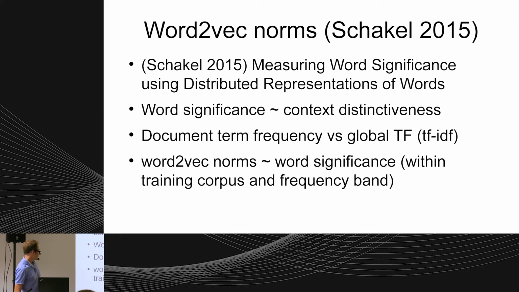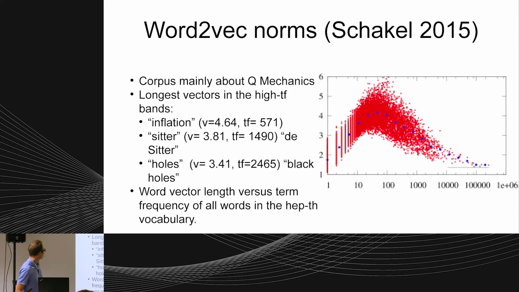But they claim that the word2vec norms are actually correlated to the word significance as well when trained on a corpus and within a certain frequency band of the word. For example, they took a corpus about quantum mechanics, and within certain frequency bands they found three words: inflation, as in space inflation, sitter, as in de Sitter, and holes, as in black holes.